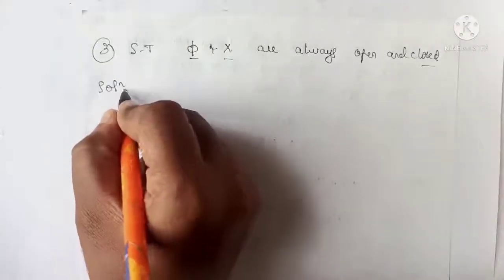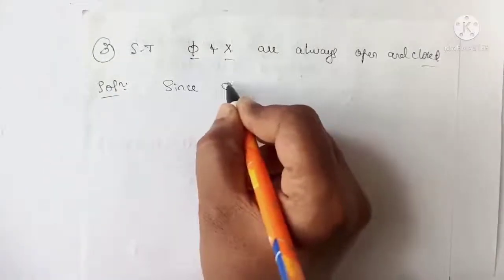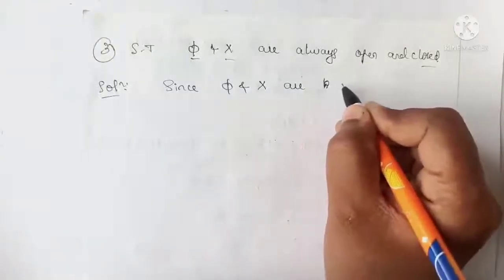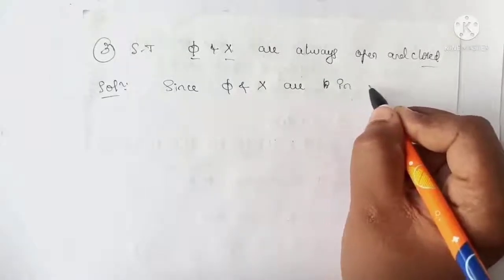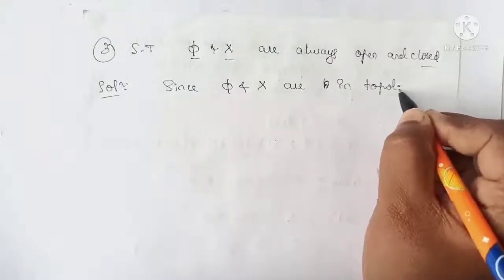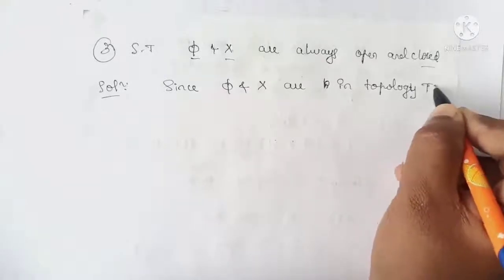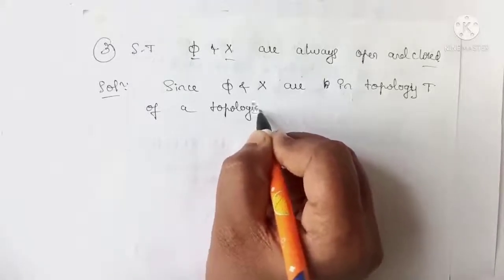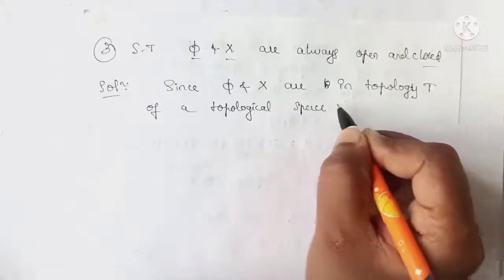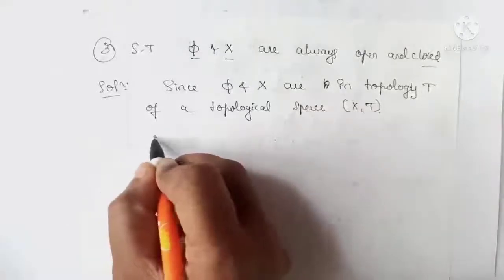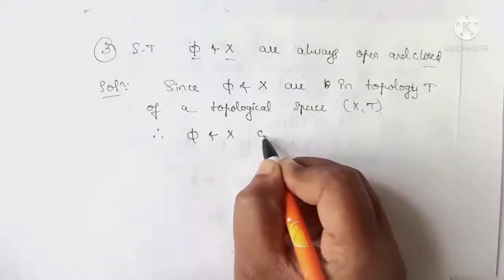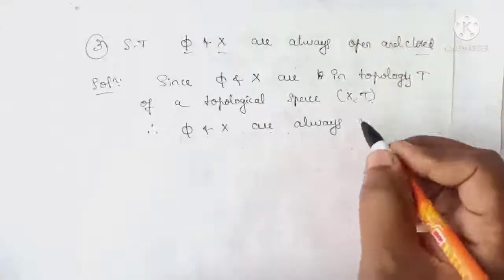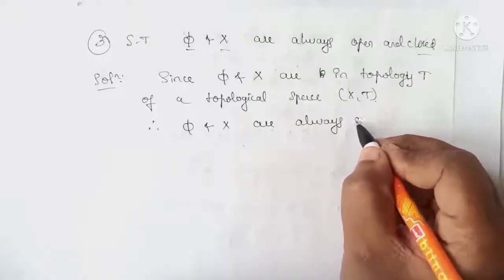Solution: since phi and X are in the topology T of a topological space (X, T), therefore phi and X are always open. This we have already discussed in the open set video.